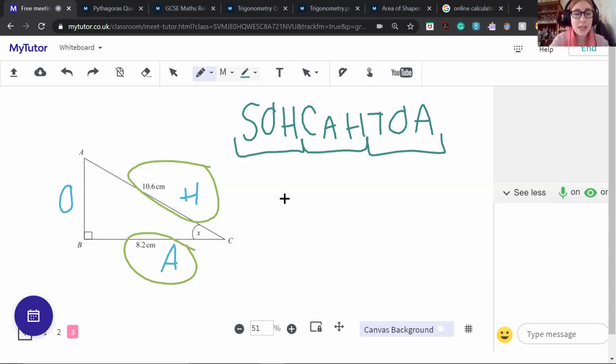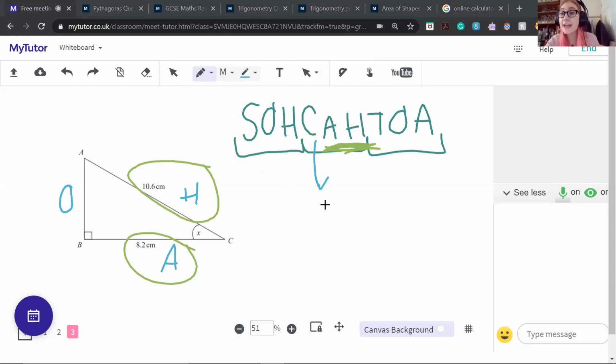So here we're using A and H, and see here they appear together. If it was O and H, like last time, we used sine. If it's O and A that we have labelled, we use tan. But it's A and H, so we're going to use cos. So that's all Sohcahtoa tells us. It's just a way of remembering which trig function we use for each one.